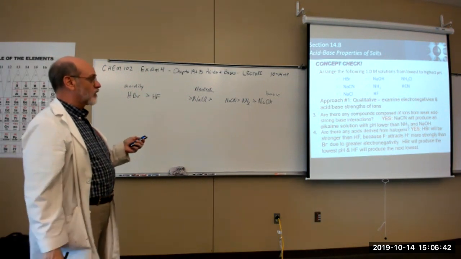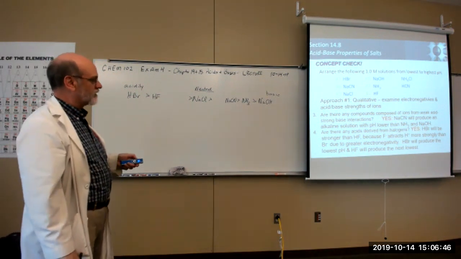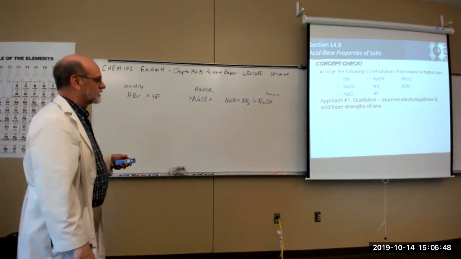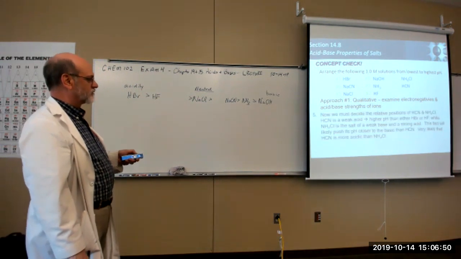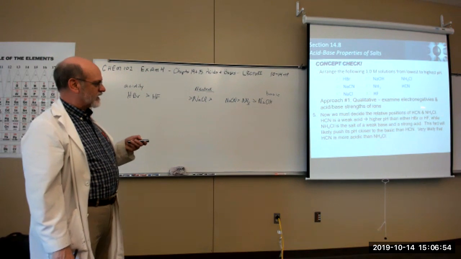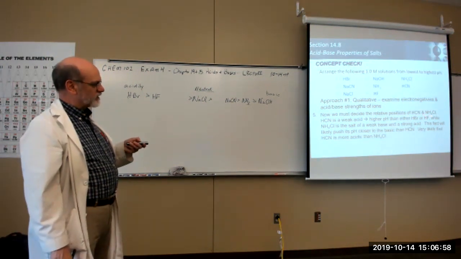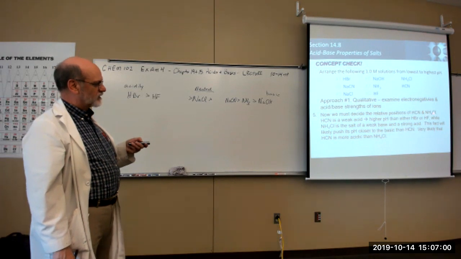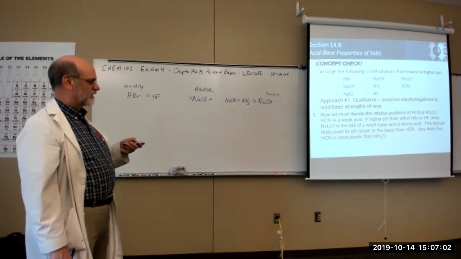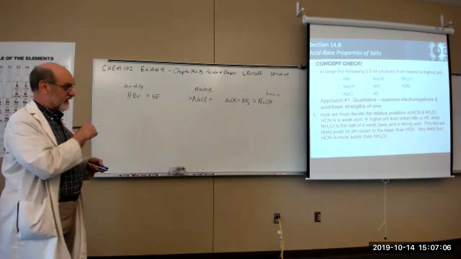Now we've got ammonium chloride and hydrocyanic acid. All right, so we've still got another acid, HCN. We have to decide the relative position of HCN and ammonium chloride. So this is from a strong acid, weak base, and this is from a weak acid. So which one is more acidic?